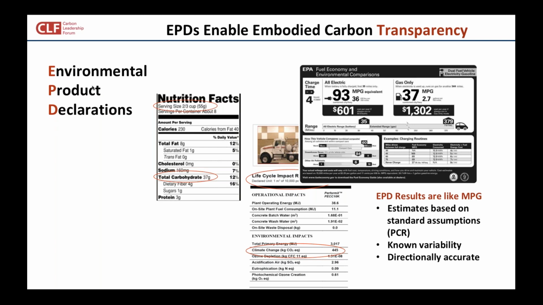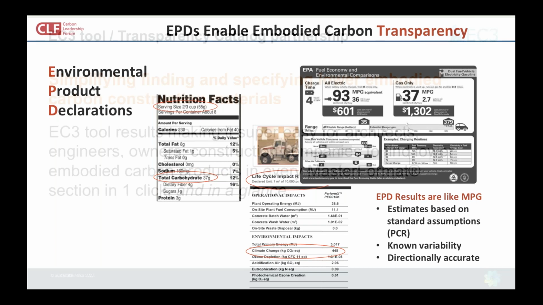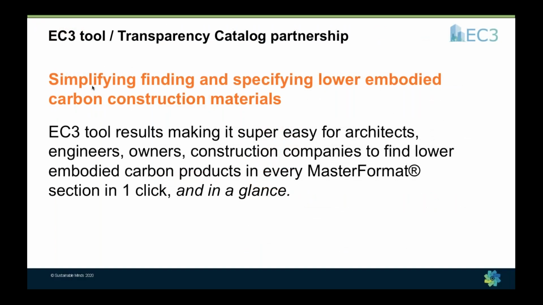We're going to go into the challenges that exist today with EPDs and also talk about how amazing the EC3 tool methodology is to be able to acquire data from these tools and apply a methodology and turn it into something that makes it possible to make decisions with today.